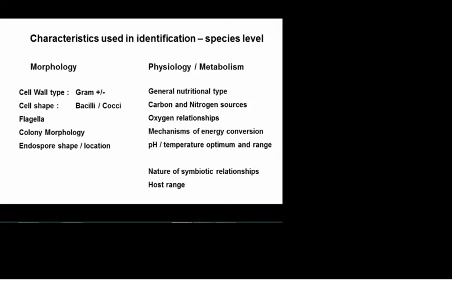And then for pathogens, whether your species is a pathogen, what kind of symptoms does it provoke? Is it a commensal bacterium? What kind of species can it infect? So something to do with interactions with other organisms. So you can describe a bacterial species by bringing together these different characteristics.